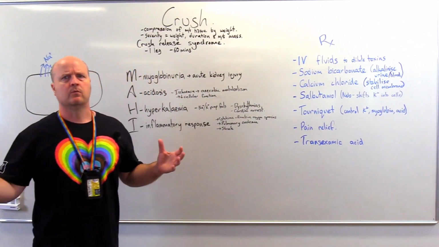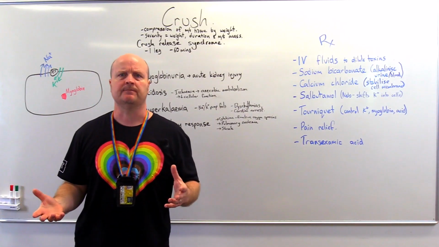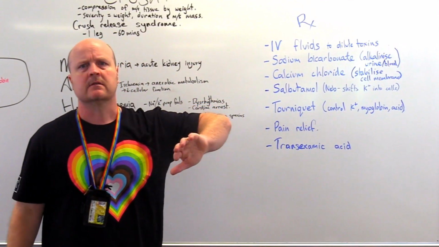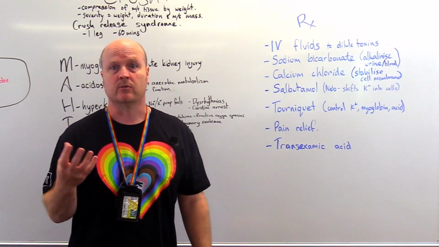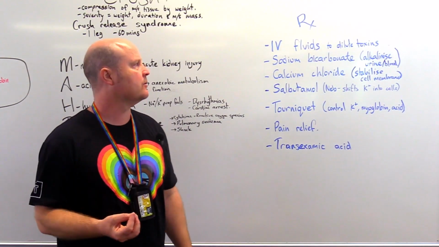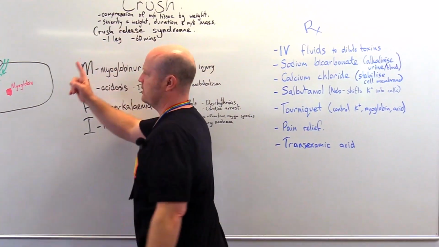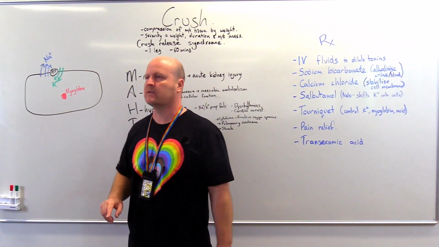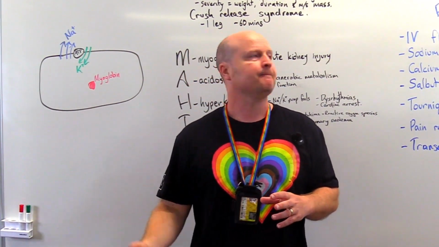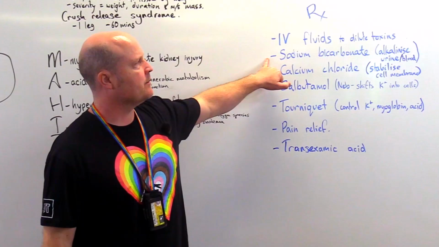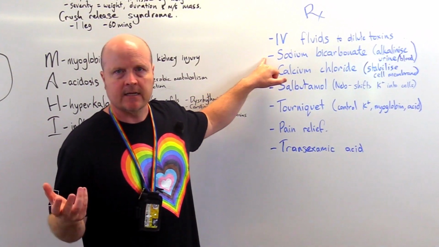Now, what do we do to try to help this person? IV fluids. If we give them IV fluids, this is going to help to dilute all the toxins. So dilute the amount of myoglobin that gets released, dilute the potassium, dilute the acidity. Sodium bicarbonate, this is alkaline.